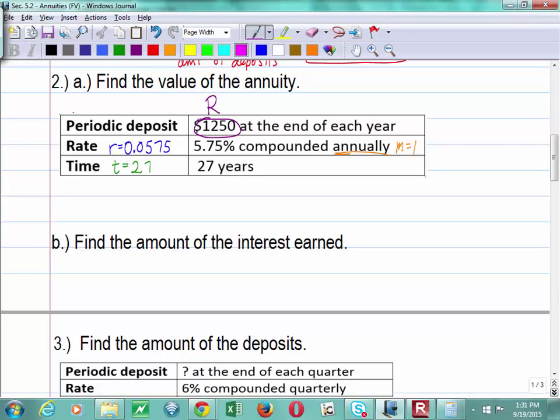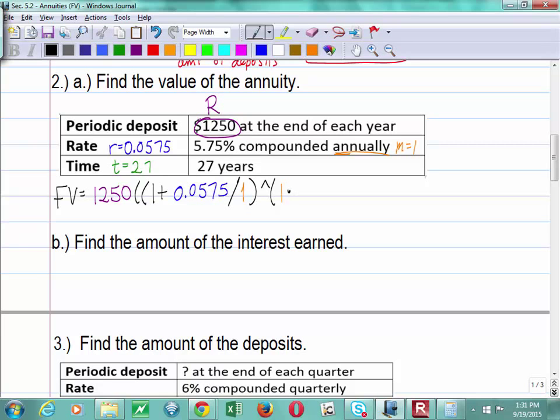Alright, so future value equals 1250 times 1 plus 0.0575 over 1. And you really don't have to put the over 1 part if you don't want to, because dividing by 1 doesn't do anything. Alright, and then to the power of 1 times 27.